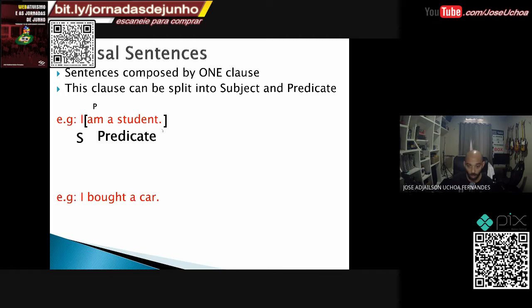Okay. But a student here is kind of tricky. Taking it as the object is tricky because I am a student. The object is something we act over, but you are not acting over the notion of being a student. That's what you are.